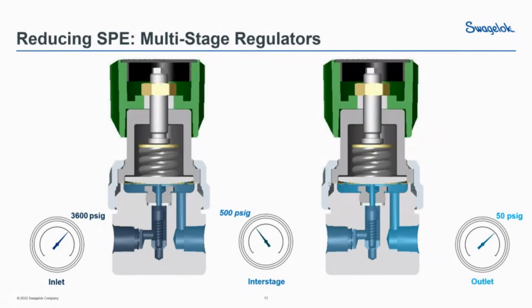That 500 psi then becomes the inlet to our second stage. Our second stage regulator has been set to drop that 500 psi inlet interstage pressure to 50 psi. So overall, the same inlet and the same outlet pressure of our system.